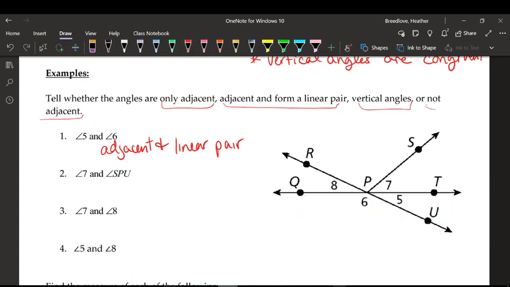Okay, next one. Angle 7 and angle SPU. So here's angle 7 and SPU. There's the two angles, the blue one and the green one. Are those adjacent?